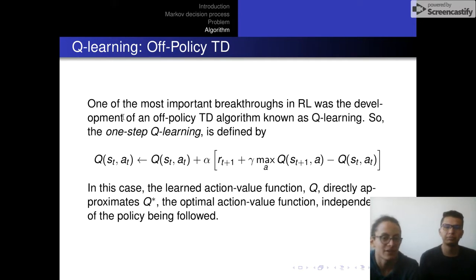And what is this? This is temporal difference learning. It is off-policy; I'm going to explain that later. The way the Q-learning function makes the updates is based on this equation.